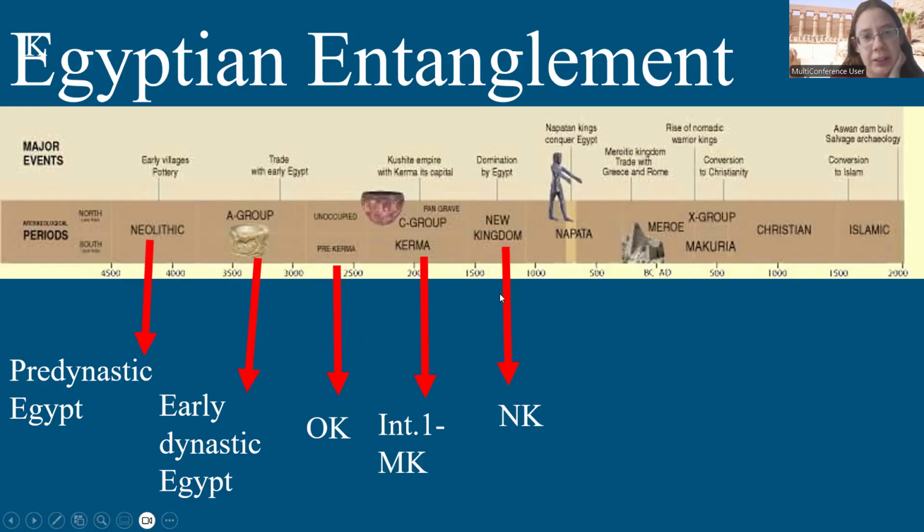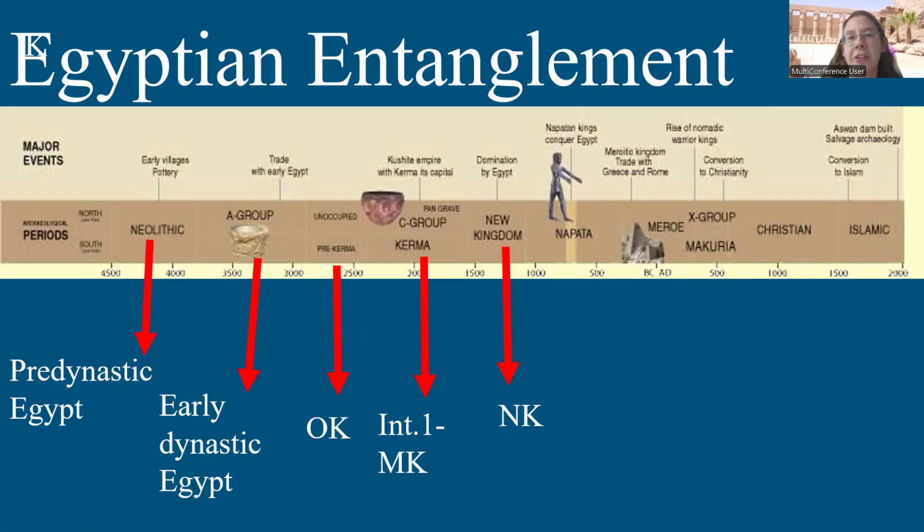But what I've done here, because this is the major periods of the Nubian cultures or civilizations, starting from the Neolithic and then going through part of the Islamic period, is I've put with the red arrows the approximate Egyptian chronology points that overlap with these Nubian periods, starting from the Neolithic to the New Kingdom.